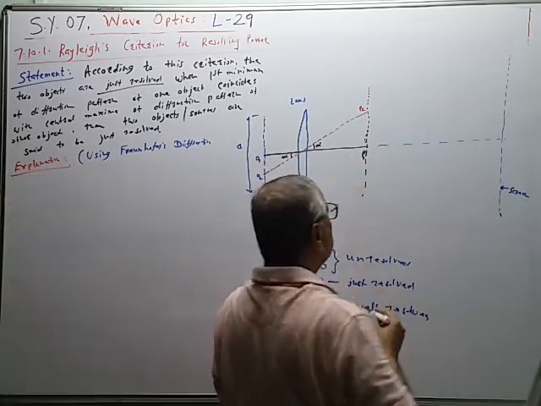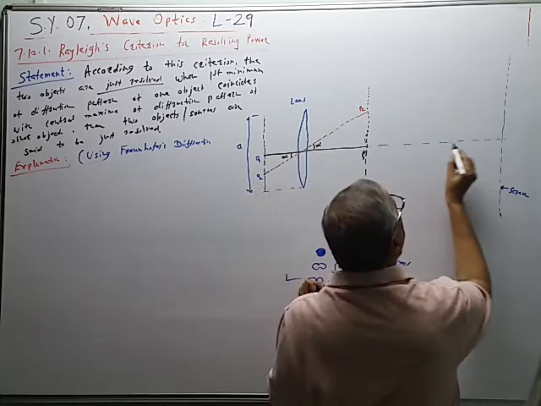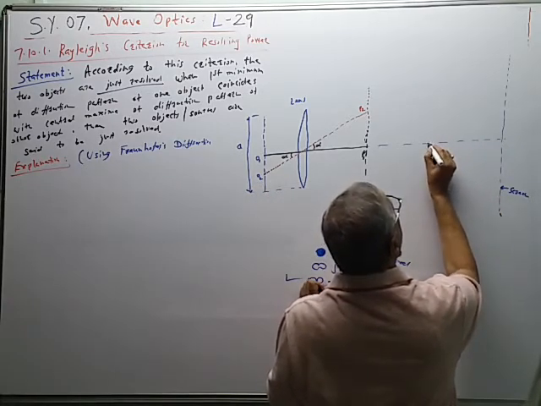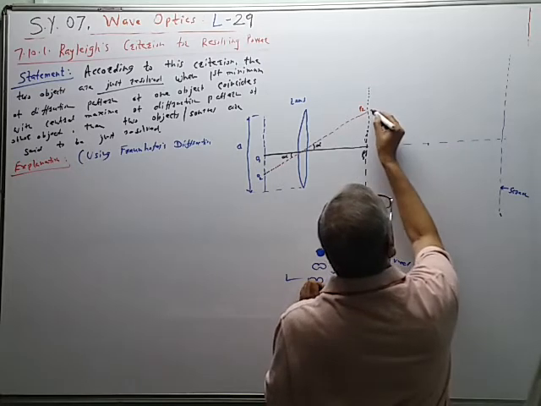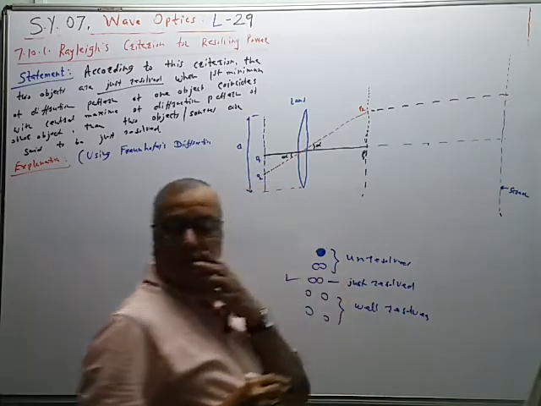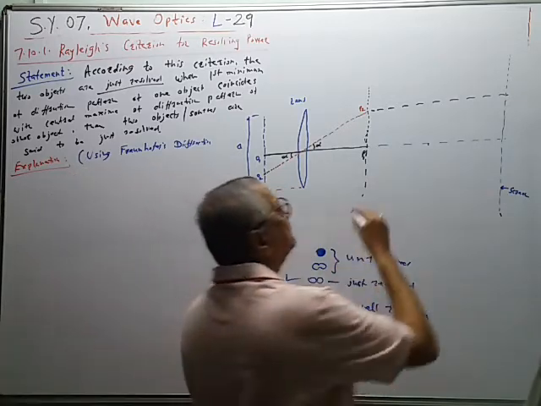So the diffraction pattern of O1 is like this one. This is the central maximum.